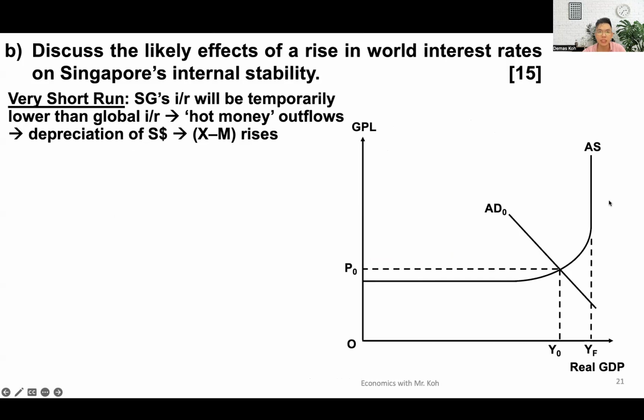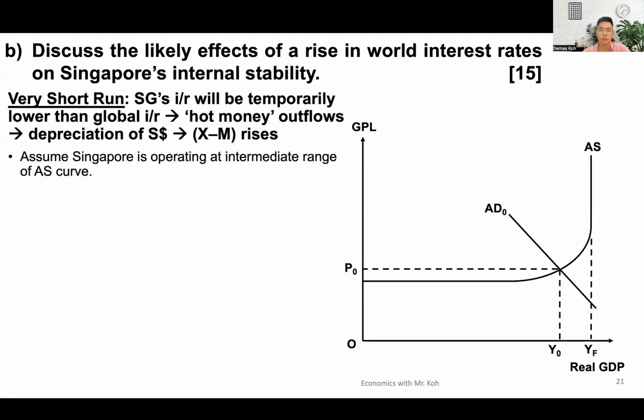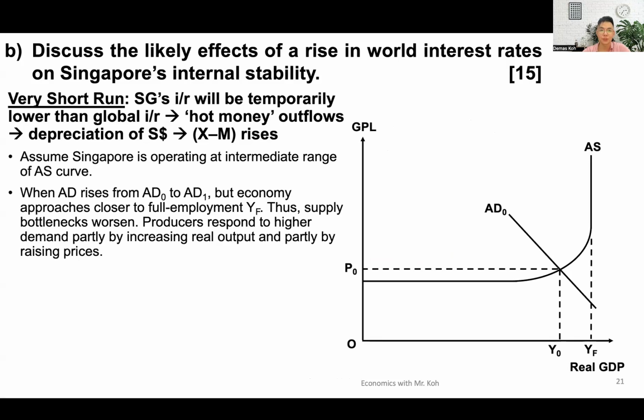So diagrammatically, remember this is a tool of economic analysis using graphical analysis. First of all, assume that Singapore is operating at the intermediate range of the AS curve. So when AD rises from AD0 to AD1, okay, the economy approaches closer to full employment national income, YF.